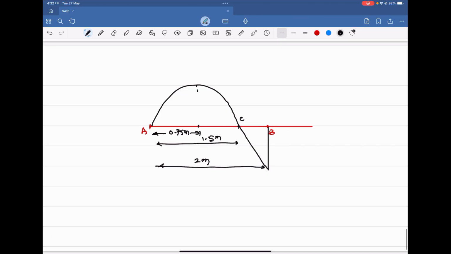For the first part, the maximum bending moment will be, this is positive, BM maximum is equal to 0.281 plus 0.281. Here it is 0 at a distance of 1.5 meters and at a distance of 2 meters, the bending moment is how much? Minus 0.5.